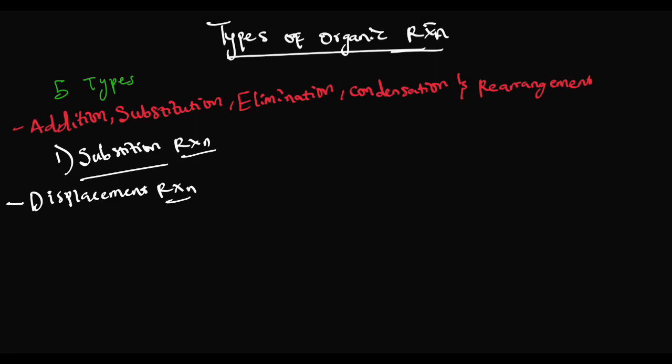Okay, let's look at an example. Let's assume it's being attacked by another element or atom known as Z. So we expect that at the end of this reaction, this stuff should have displaced Y, right? When such a reaction occurs successfully, we can say that this is a substitution reaction.